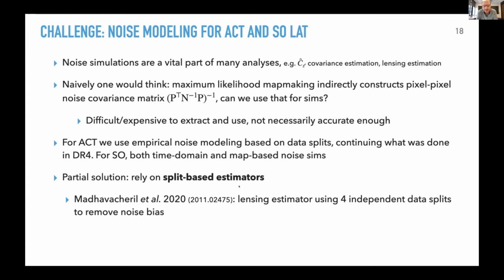And very importantly, it's very expensive, right? Our map making is very expensive. So we really can't afford, or at least we're not doing it, to generate many time-ordered sims. This might change for SO, by the way, but for ACT, we're sort of stuck with trying to model our noise in the map domain.